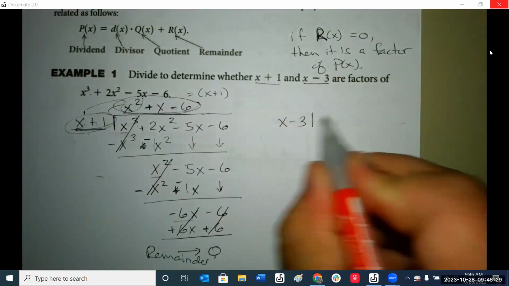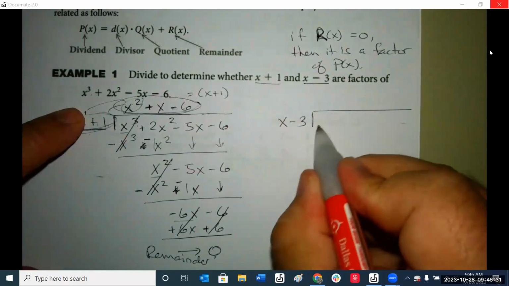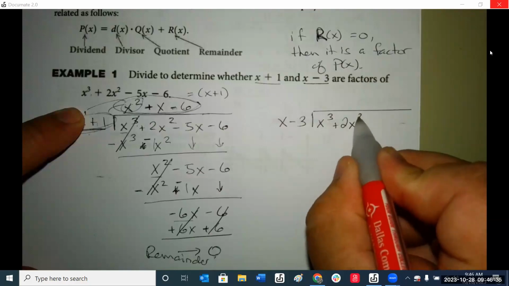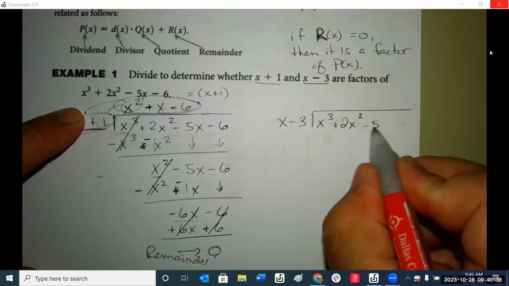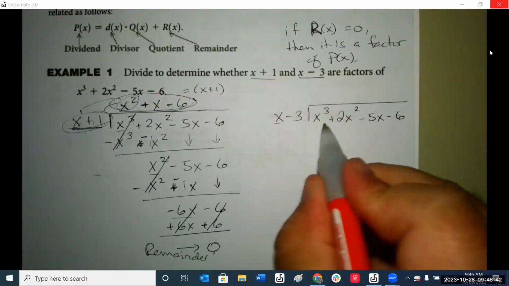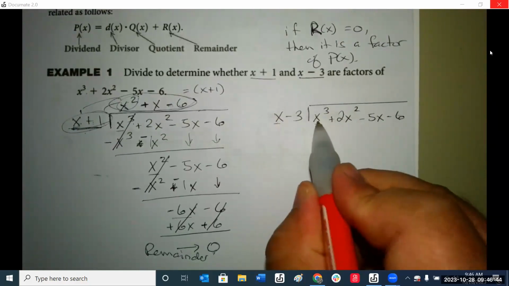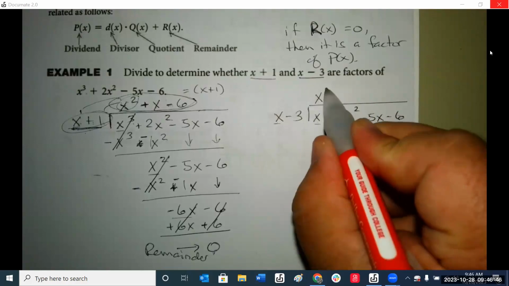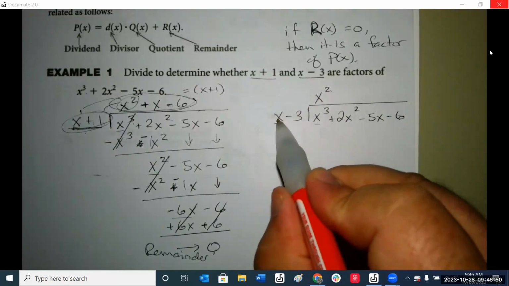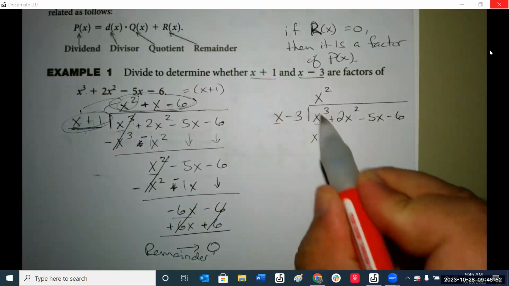X minus 3 into x cubed plus 2x squared minus 5x minus 6. Look at the leading terms. What times x gives me x cubed? X squared. So x squared times x gives me x cubed.